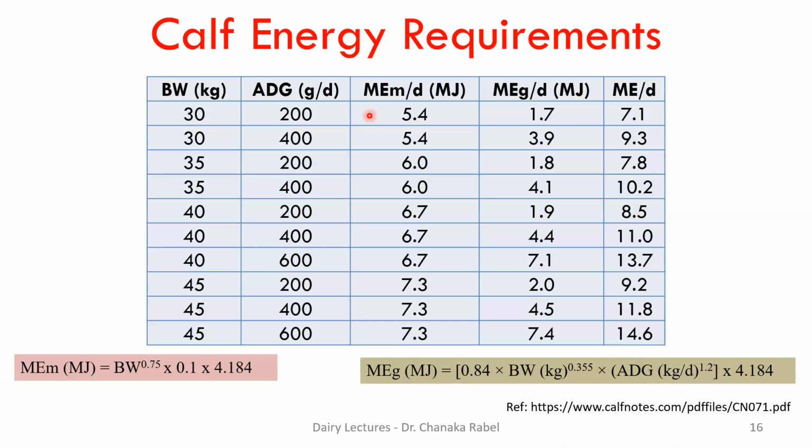However, not all 16 are used for metabolism, right? Part of it is lost in urine, so let's say another 2 gets lost in urine. So 20 was the gross energy, 16 was the digestible energy, 4 gets lost in feces, and another 2 gets lost in the urine.